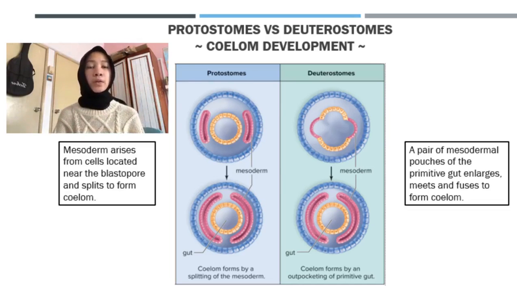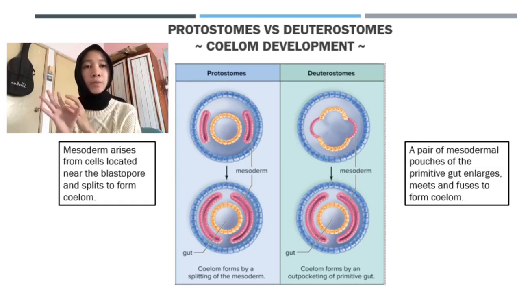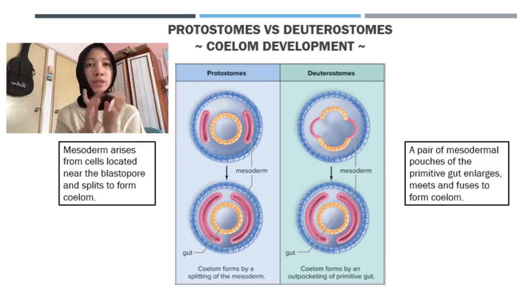So based on the diagram, you guys can see that the mesoderm for the protostome is already separated from the cell, but for the deuterostomes, the mesoderm is actually fused together with the cell, so it needs to split before it forms into the coelom at the next stage, while for the protostome, it is already separated at first.